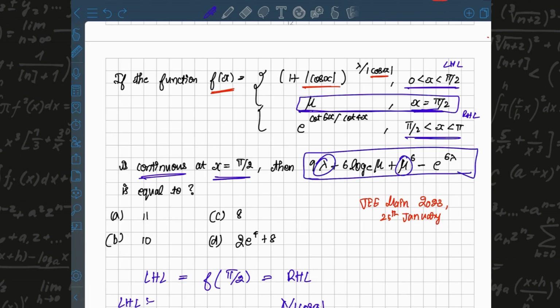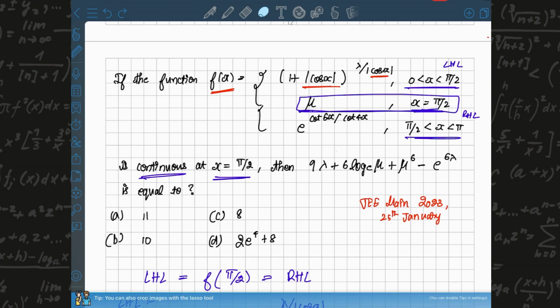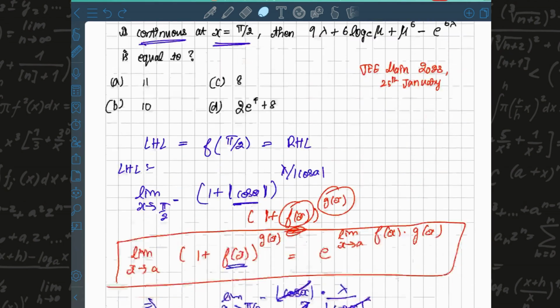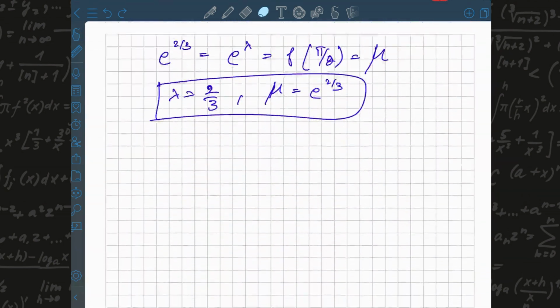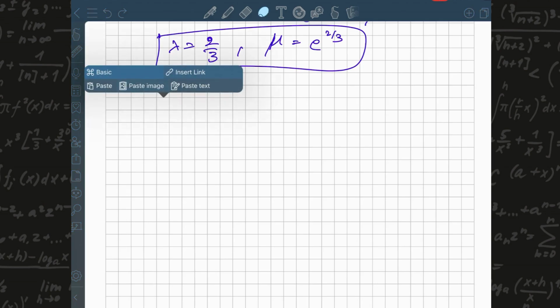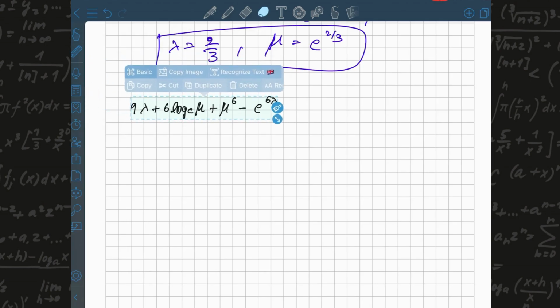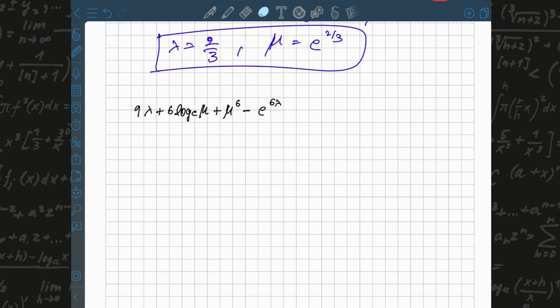Okay, so instead of writing it, I am just going to copy it and paste. So we are going to calculate this value.